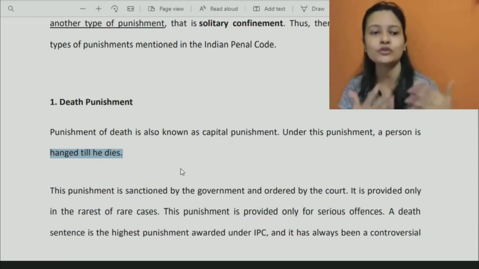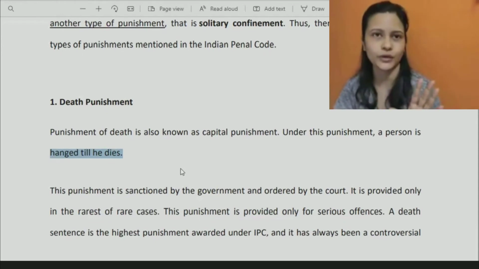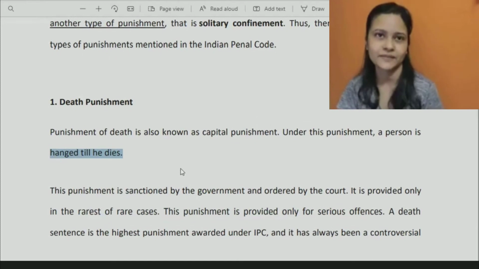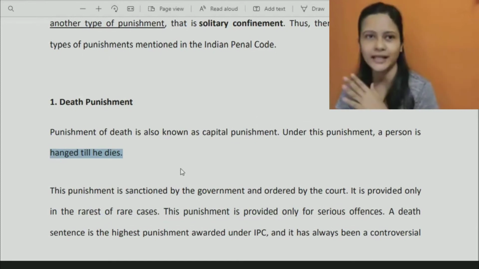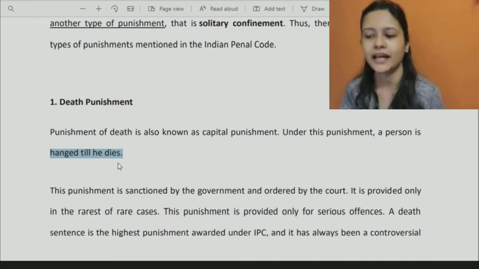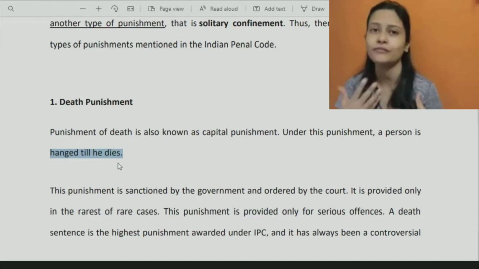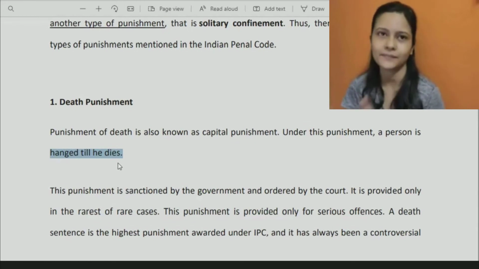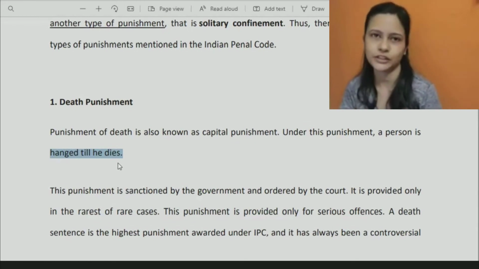So there was no option of trying again and again. Once only you can try. If the person dies, fine. If the person somehow survives, you cannot try it again. But now, in order to correct that, it is said that hang till he dies. As many times as needed you can try. The person should finally die. That is the punishment which is provided.